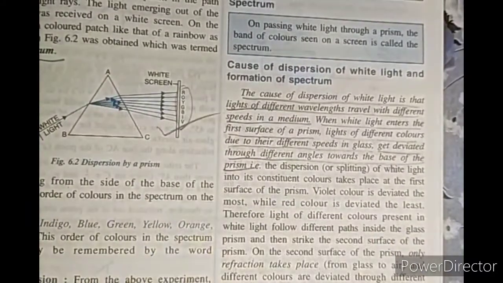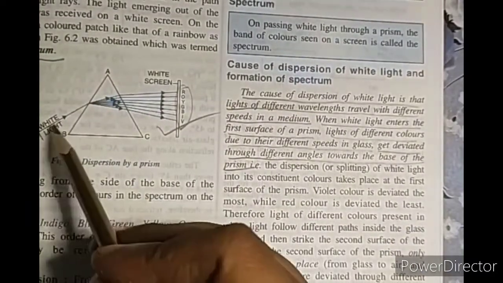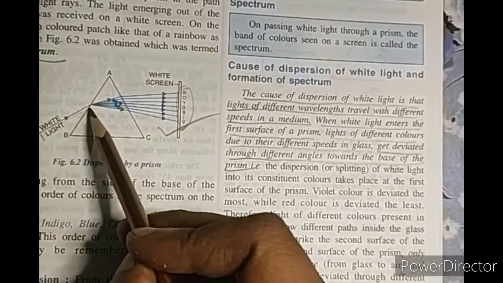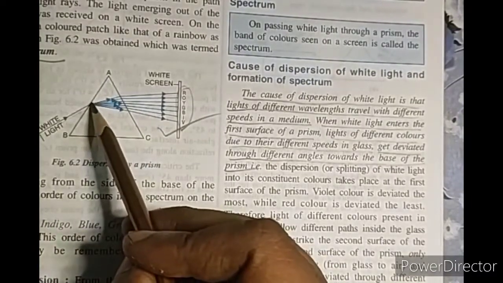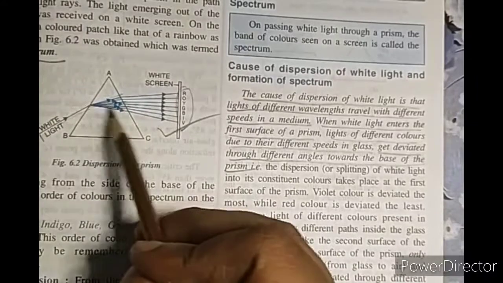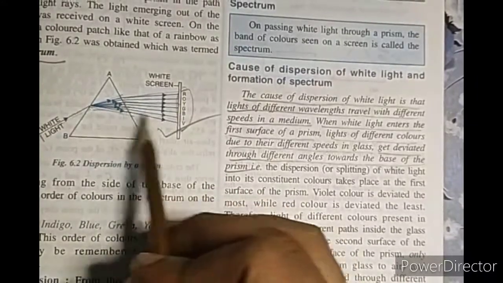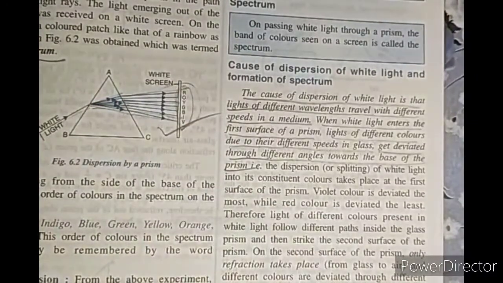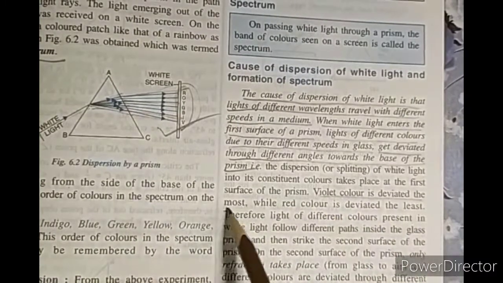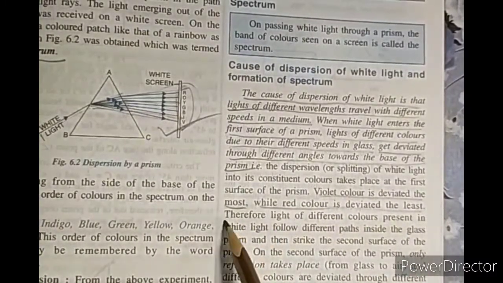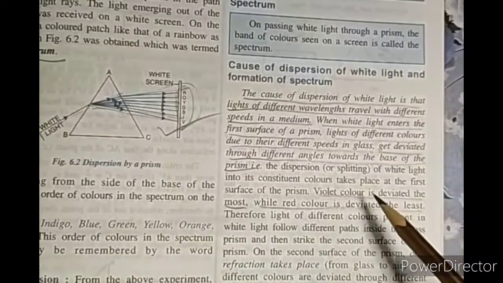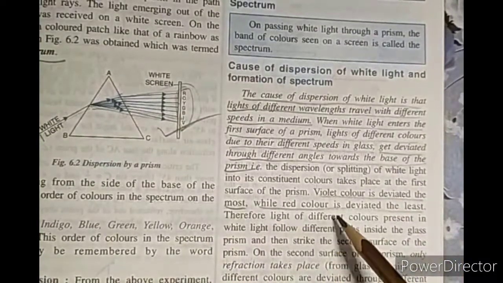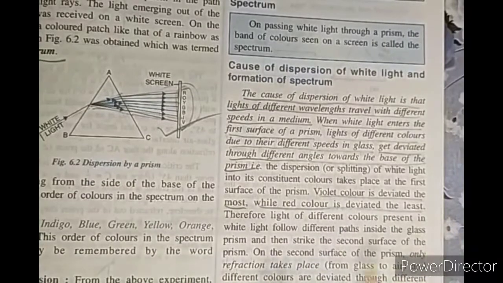When light is coming in, all the colors are fused, but due to different speeds and wavelengths they bend at different angles and come out making a spectrum. We know that violet is deviated the most while red is deviated the least, because violet has the least wavelength and red has the most wavelength.